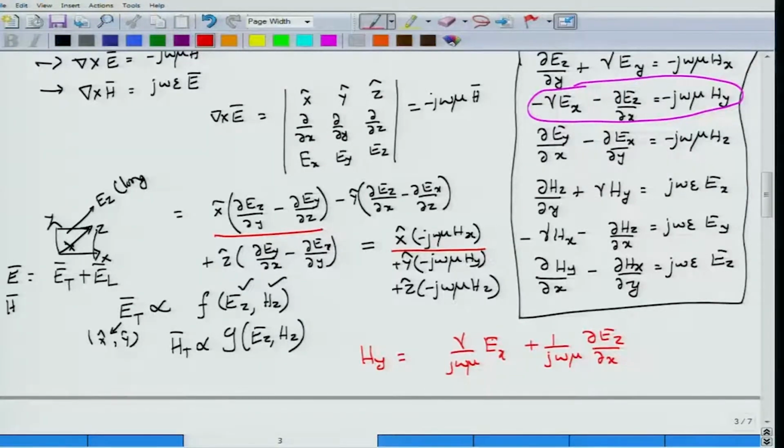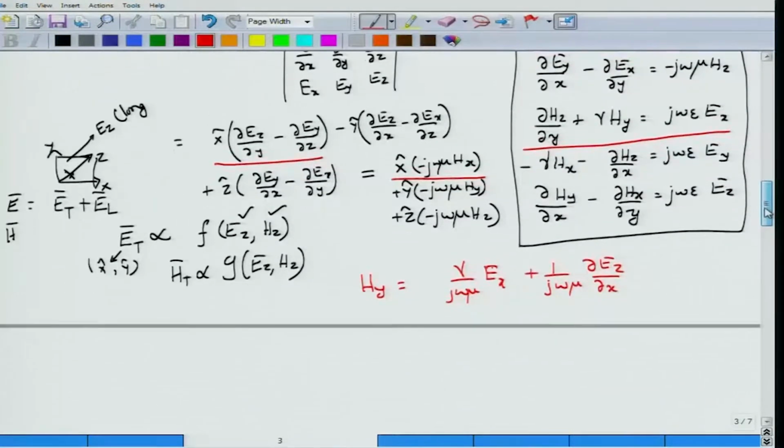And Hy is expressed in terms of Ex and Ez. So if I substitute for Hy into this expression and rearrange it and pull this gamma by j omega Ex to the right hand side, then I will have Ex solely in terms of Ez and Hz. So I can do that.